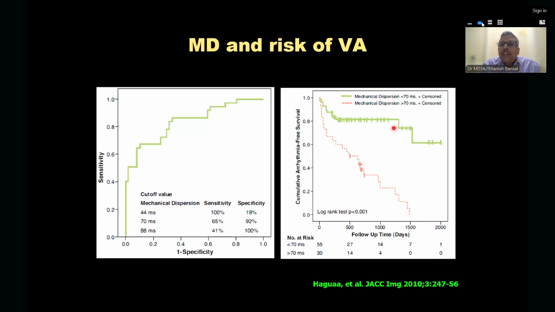If this standard deviation is more than 70 milliseconds, there is a very high risk of ventricular tachyarrhythmias, which may be in the form of ICD delivered shocks, or ICD detected arrhythmias, or even sudden cardiac death. So this could be one way of using strain imaging in deciding about the need for AICD.